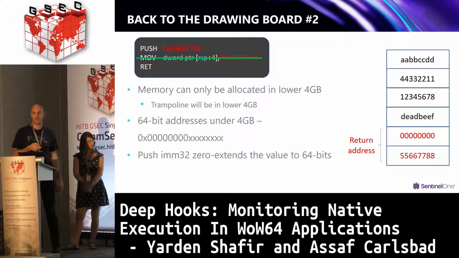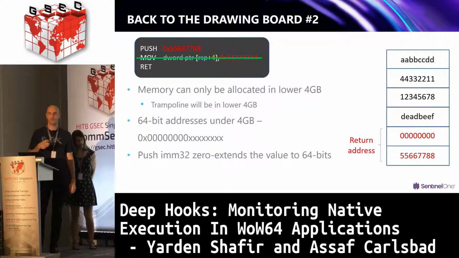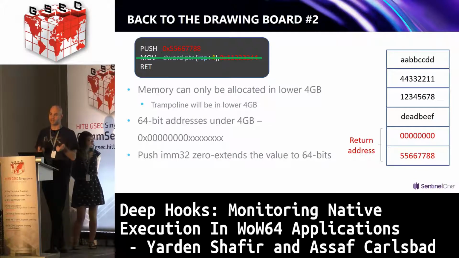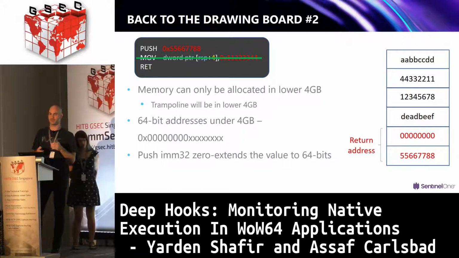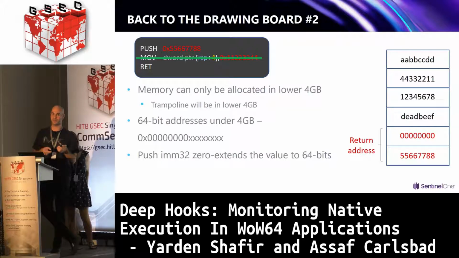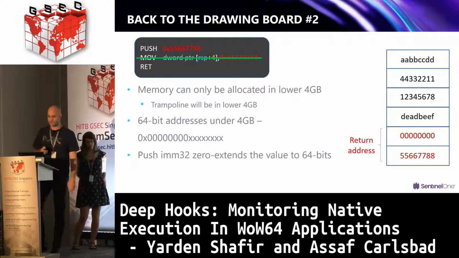And what works in our favor in this case is x64 assembly, because whenever I use the push instruction to push a 32-bit immediate value, what will actually happen is that the CPU is going to push a 64-bit value onto the stack, because the stack always has to remain 8-byte aligned, and the high-order D-word is going to be zeroed out by default. So this is exactly what we need.